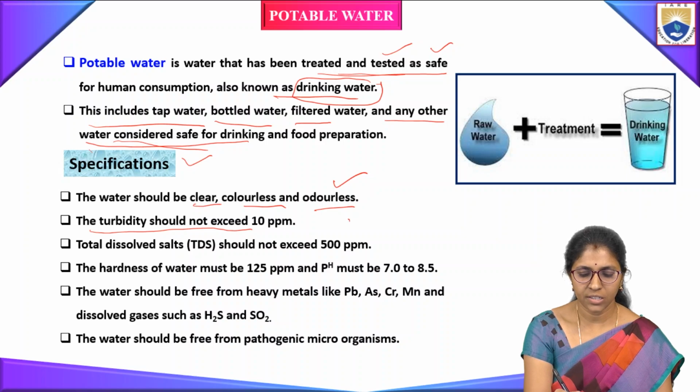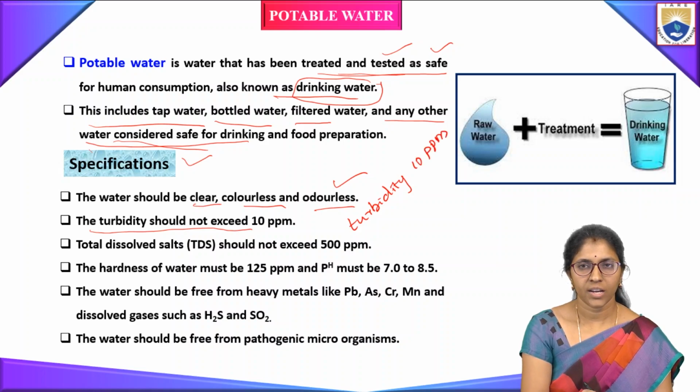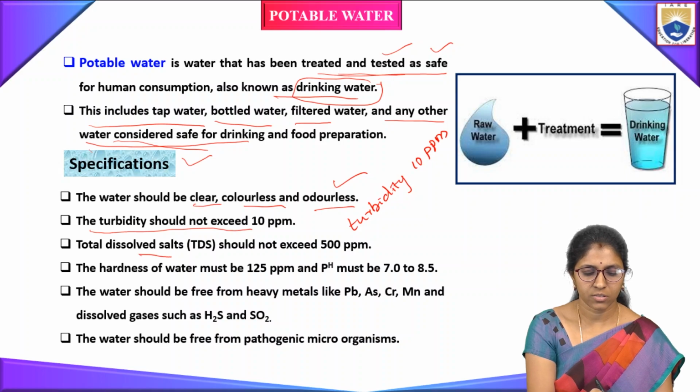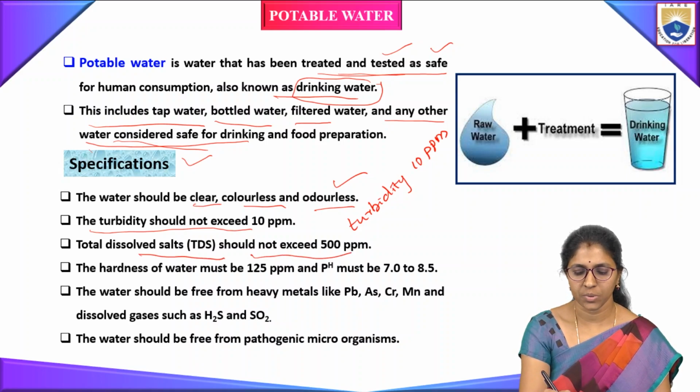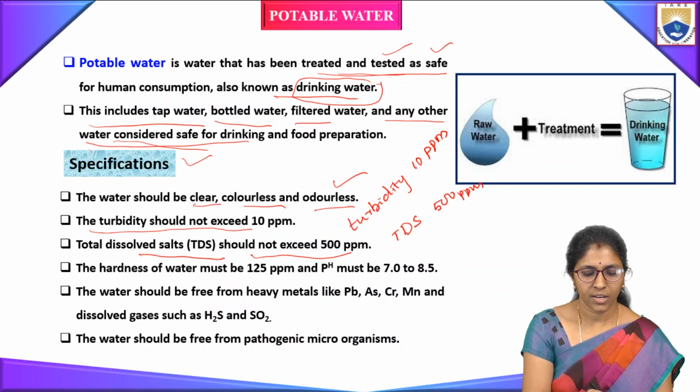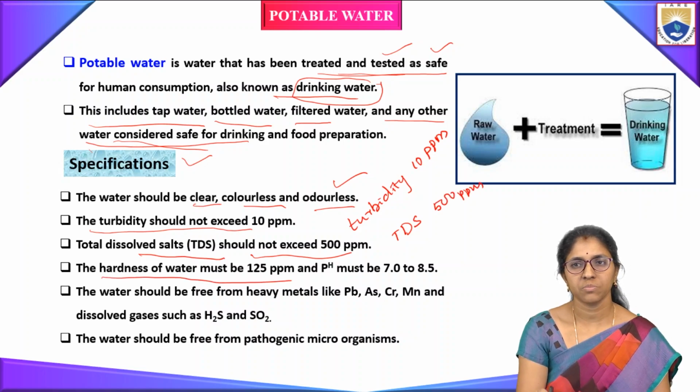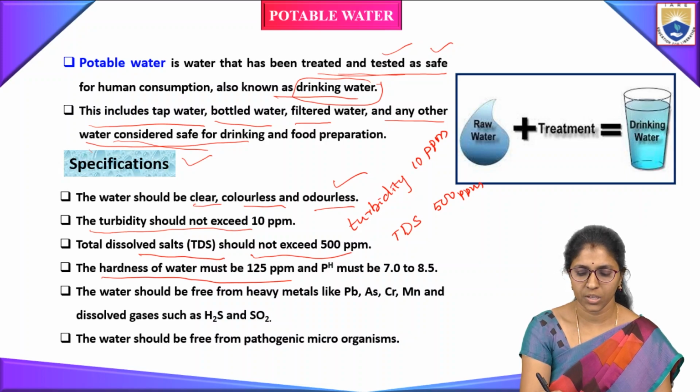The total dissolved salts, that is TDS, should not exceed 500 ppm, and the hardness of water must be 125 ppm.